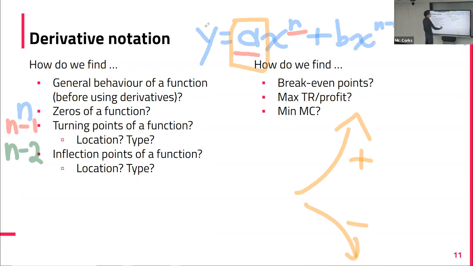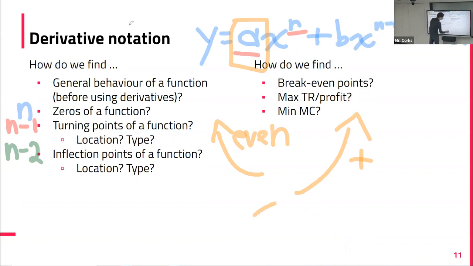And what else can we get from the exponent? If we're going in the same direction as the other end, that means we have an even number, not necessarily up, but the same direction as the other one. And if it's going in the opposite direction, we have an odd numbered exponent.